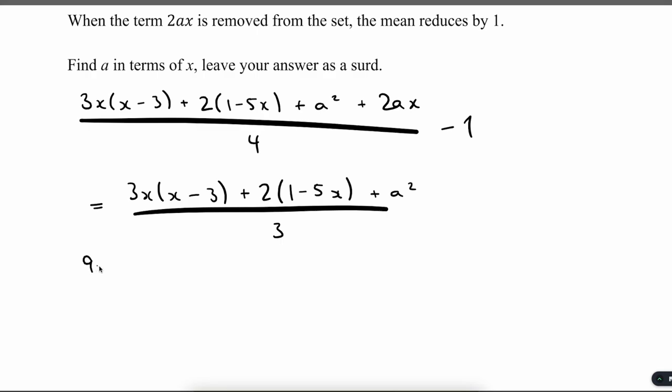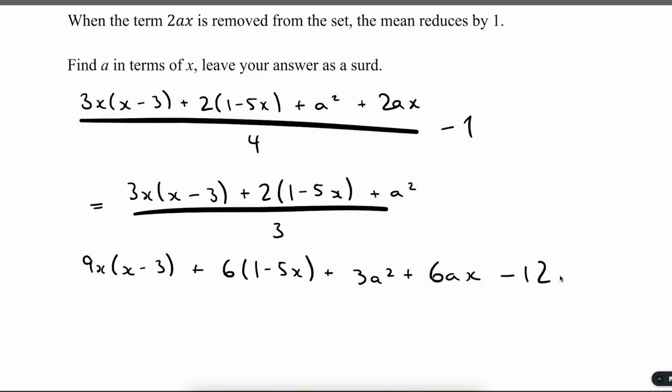So we end up with 9x(x − 3) + 6(1 − 5x) + 12ax + 3a² + 6ax − 12 = 4x... it's going to be 12x(x − 3) + 8(1 − 5x) + a².